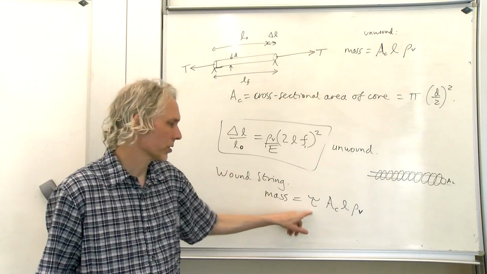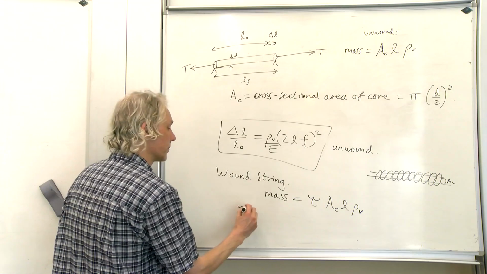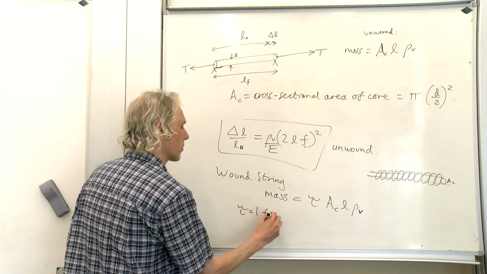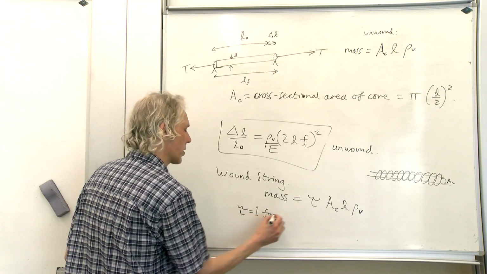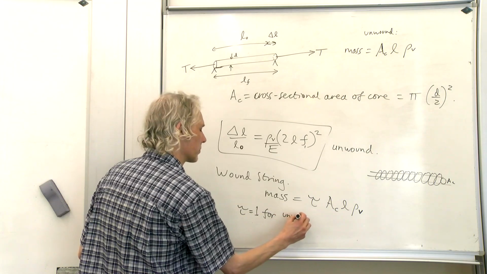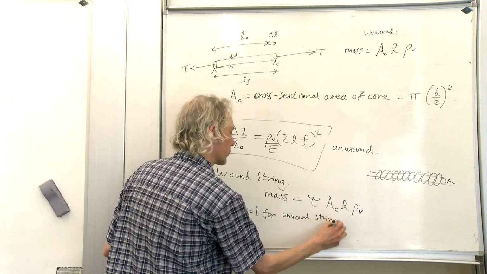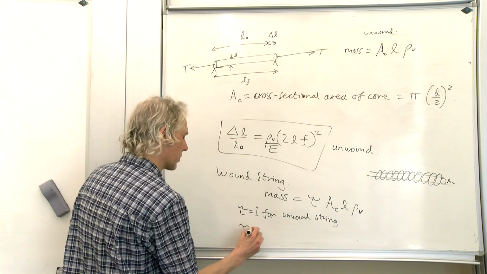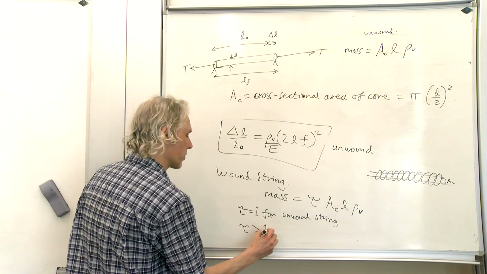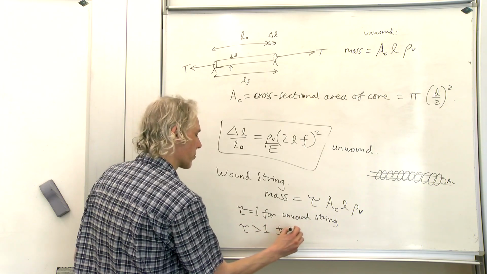That's a factor which is going to be tau equals 1 for an unwound string, and tau is going to be greater than 1 for a wound string.